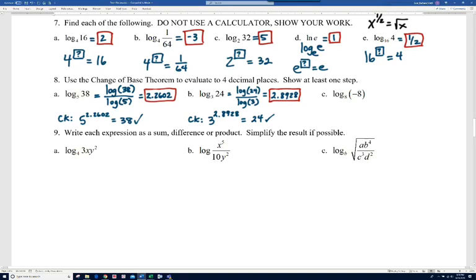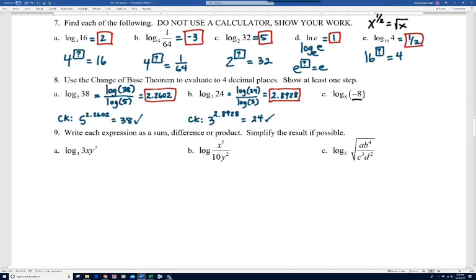On letter C, this is actually going to be quick work here, because we learned when we were graphing logarithms, the basic logarithms, the domain was positive numbers. It had to be greater than 0. When you're taking logs, you cannot take the log of 0.